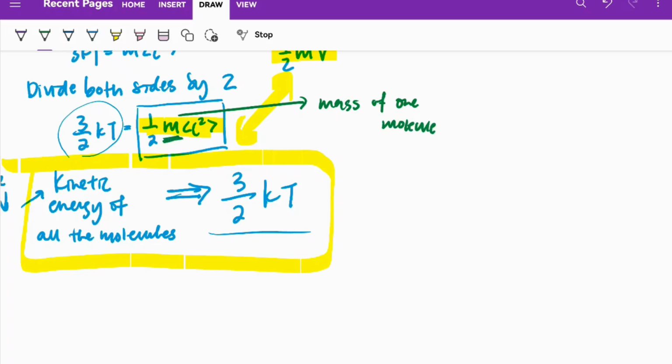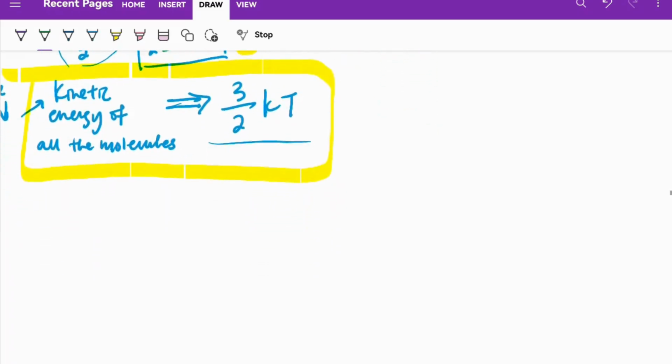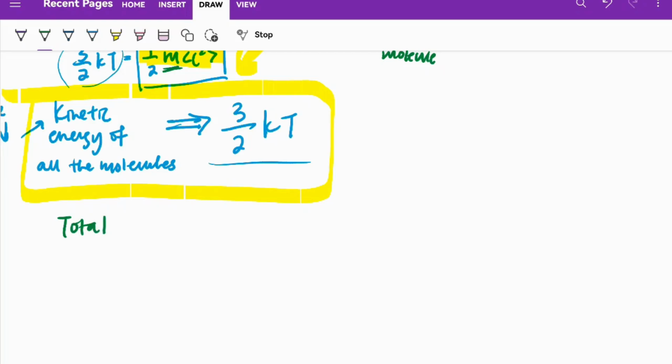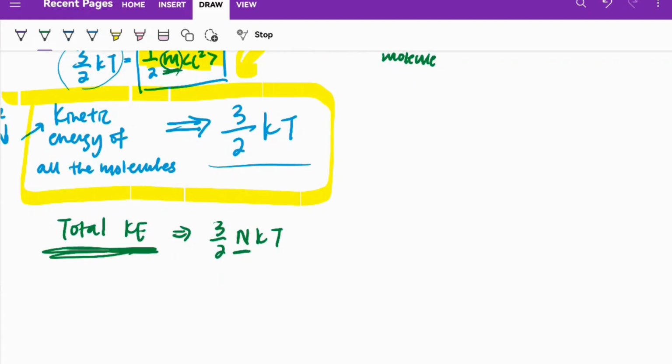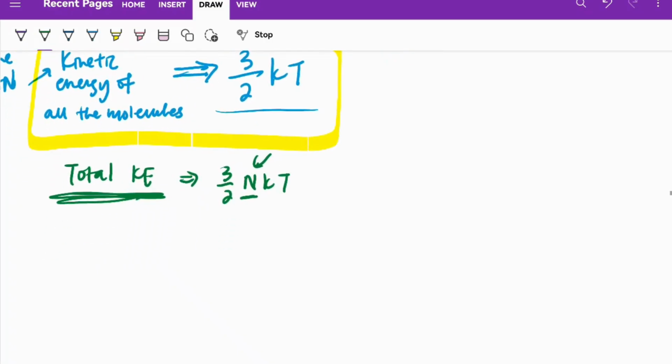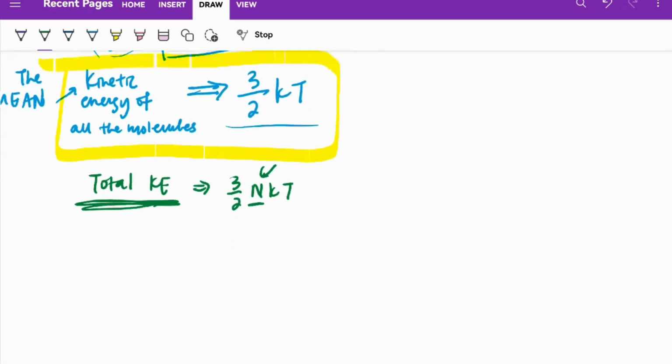If they want total kinetic energy, then you have to add N, the total number of gas molecules. Because this is for one, you only use one molecule mass. So the mean is for one molecule. Now if you want the total, you have to add N, which is the number of molecules. Okay, alright, just nice. We are actually done here.